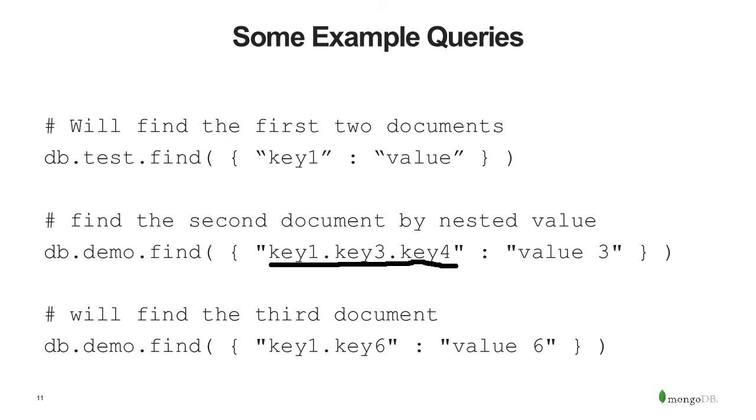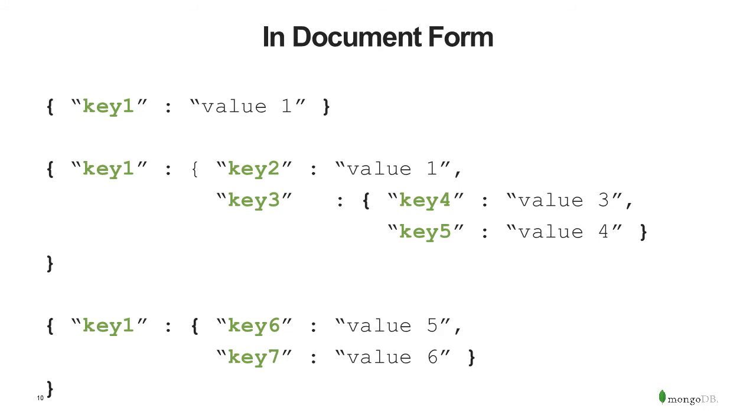And of course, because there's only one document like that, what we'll see is it will return the second document. So we're effectively going from key 1 to key 3 to key 4 to get to this value.